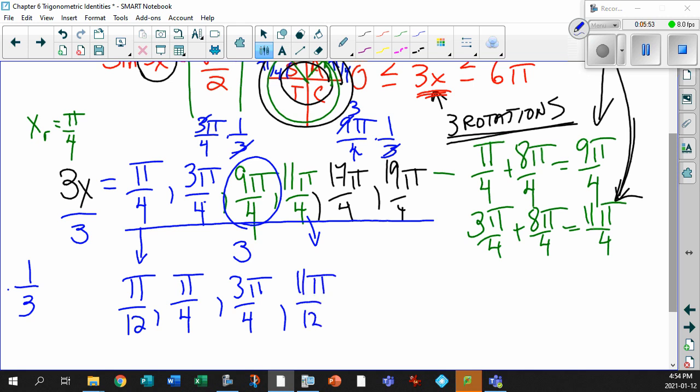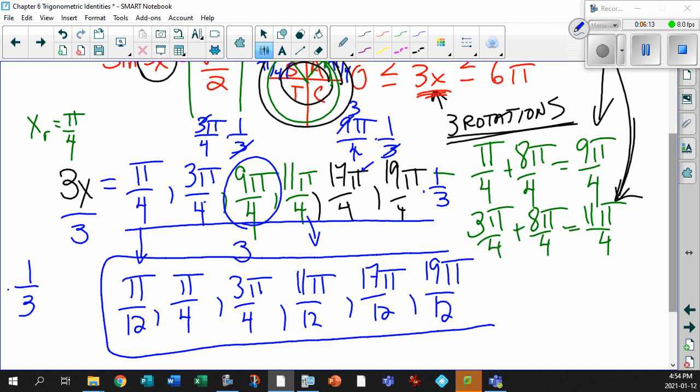You can't simplify the top on this one either, so just multiply by a third. This becomes 17 pi over 12. And finally, same goes with the 19. Multiply that by a third, and you're going to get 19 pi over 12. There you go, ladies and gentlemen. There's all of your answers based on that multiple angle. Isn't that cool? It's awesome.